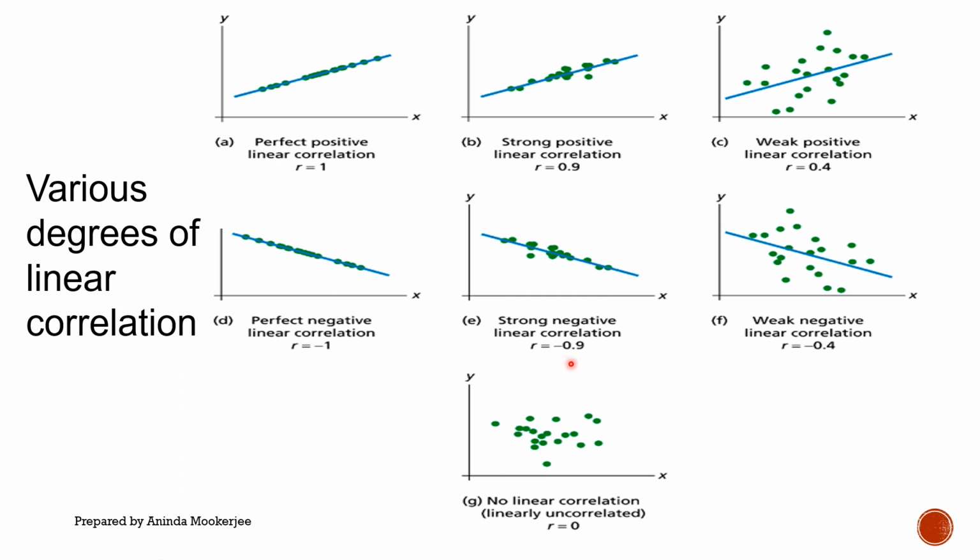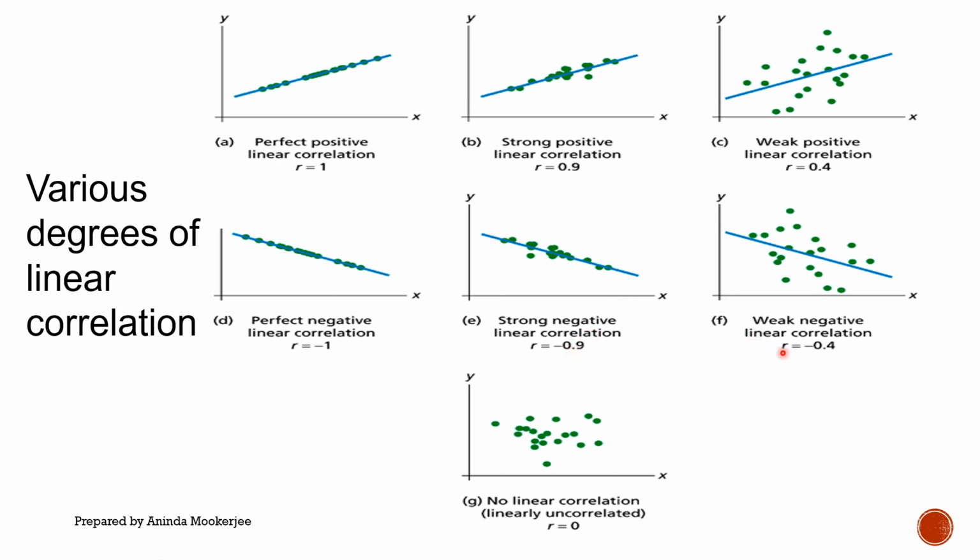R equals negative 0.9. In fact, this was the case in our Orion example, not the first one. In the Orion example, R was negative 0.92, not positive, if I said previously this was the case, no. It was a case of negative linear correlation.